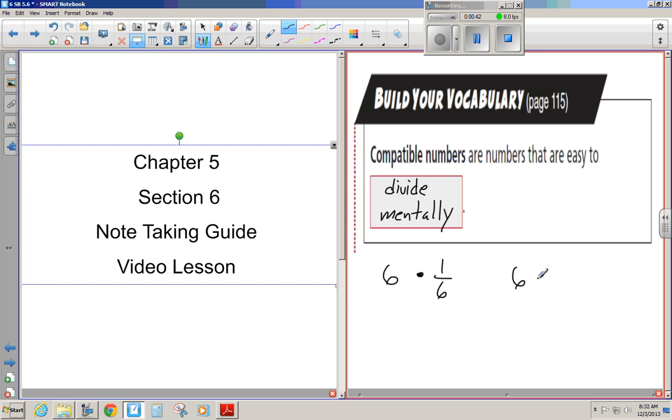So 6 times 1/3 should be easy to divide mentally. 8 times 1/4, 9 times 1/3, things like that, things that you can easily divide because these are multiples of each other.